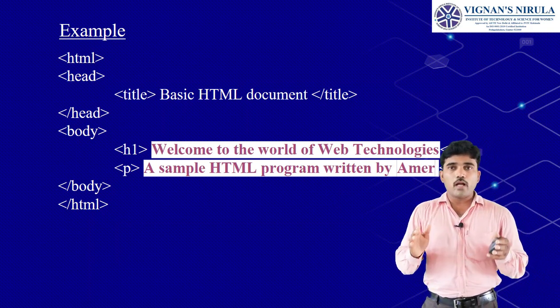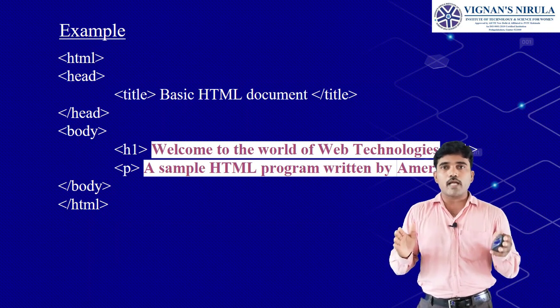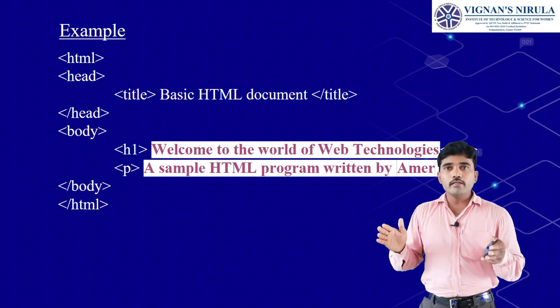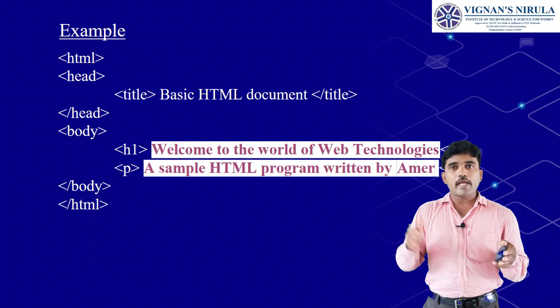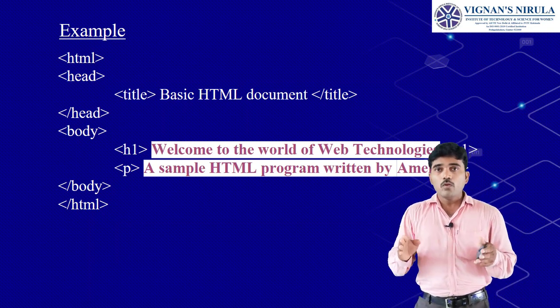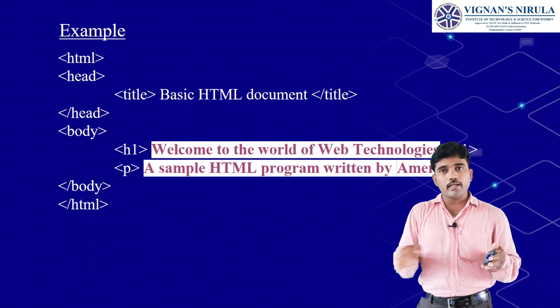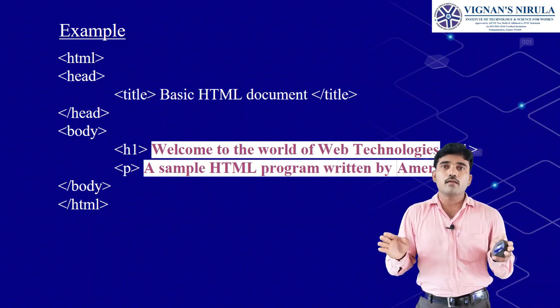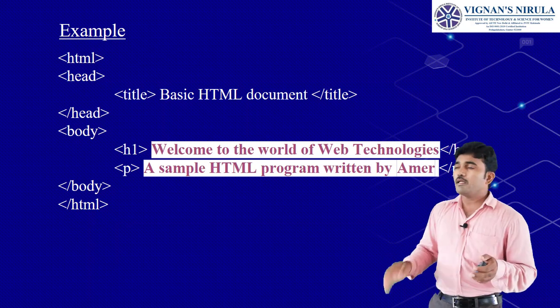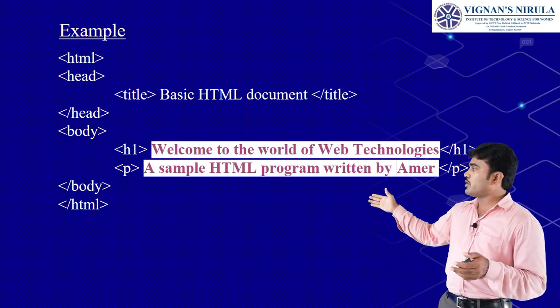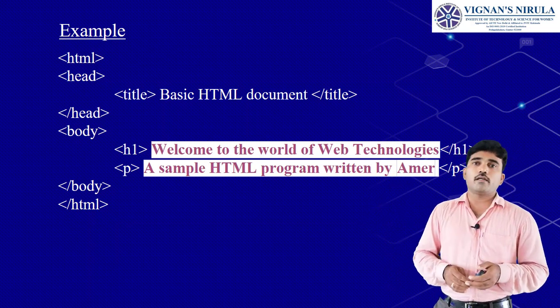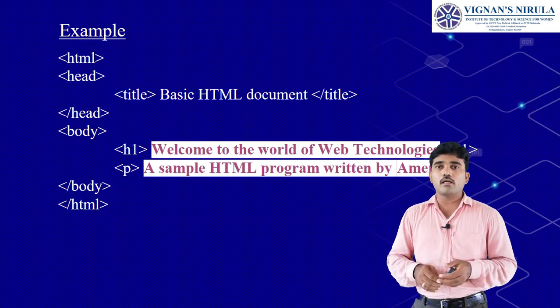So you have to remember that the difference between a starting tag and an ending tag is that the ending tag must be preceded by slash. And one more thing is how to write a tag. Anything enclosed by a left angular and right angular bracket should be considered a tag here. And as usual you have closed the body and then you have closed the HTML. That is a basic example.